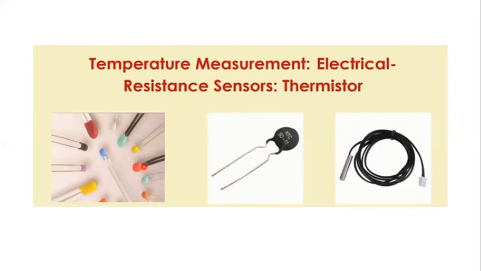I am just explaining the construction of a thermistor. To construct a thermistor, we have to mix a combination of oxides of copper, manganese, nickel, cobalt and lithium, and these oxides are mixed together in a suitable proportion and compressed into a desired shape. Either it may be a bead shape or disc shape or rod shape.